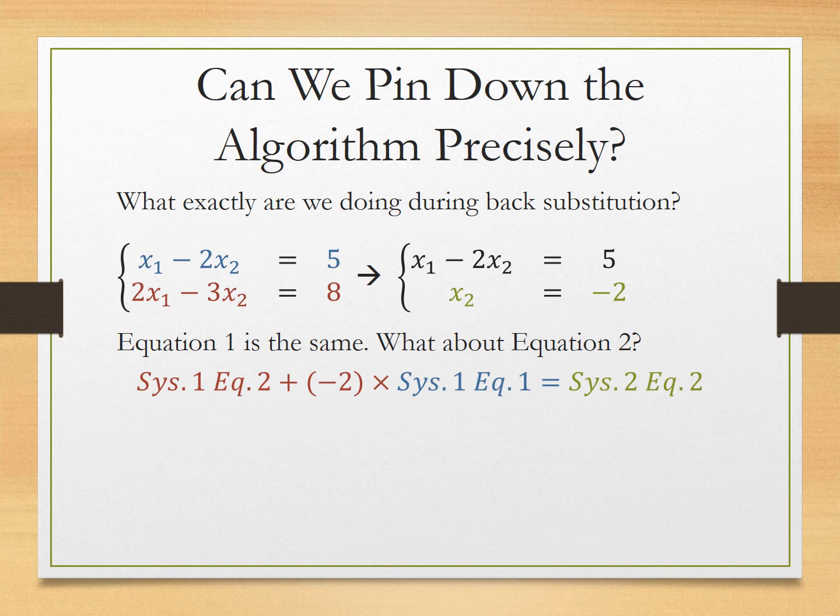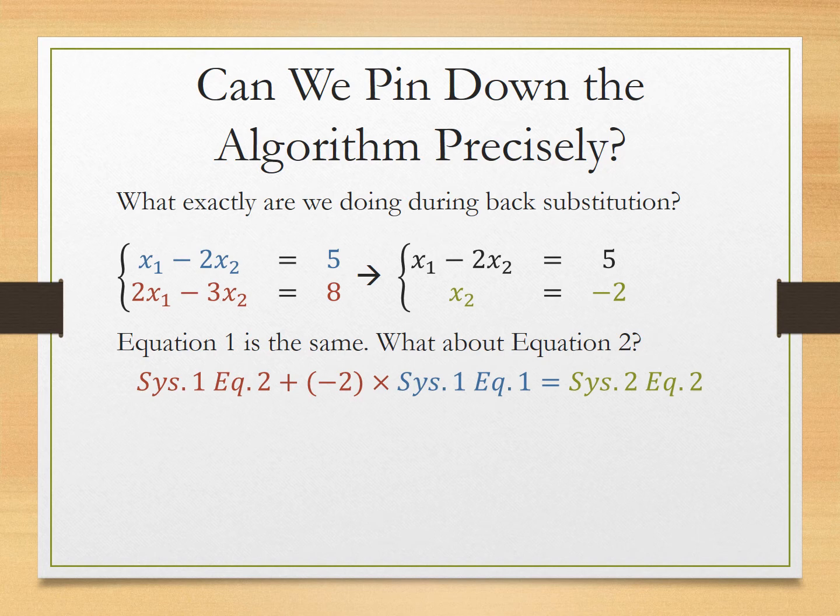One way to look at that is the following calculations. If you subtract 2 times system 1's equation 1, the blue equation, from system 1's equation 2, the red equation, you get system 2's equation 2, the green equation, right? You can look at it. x1: 2x1 minus 2 times x1 would be 0, right?